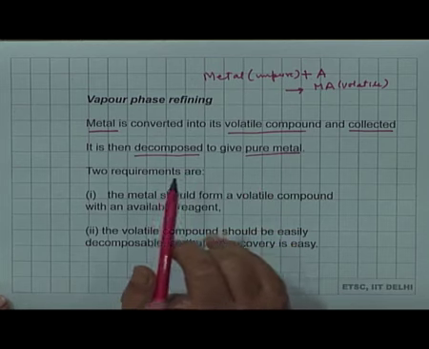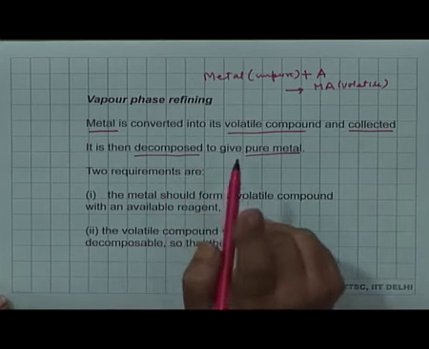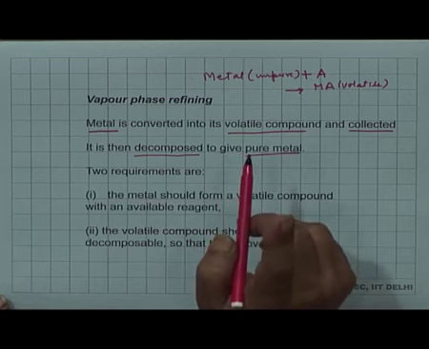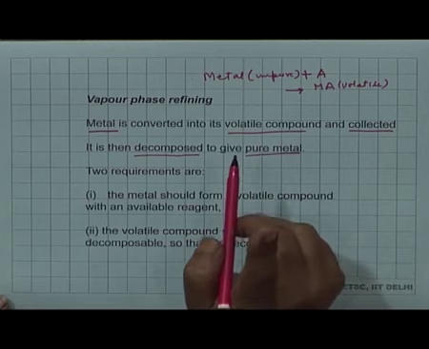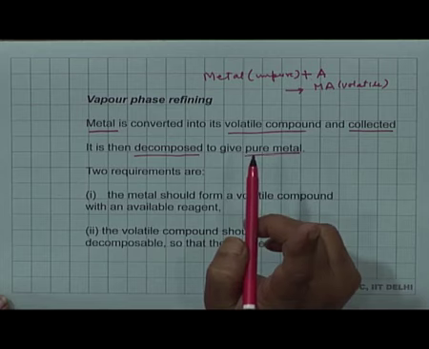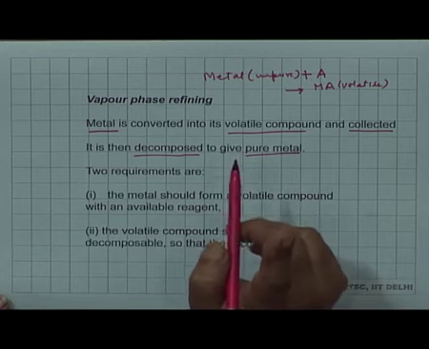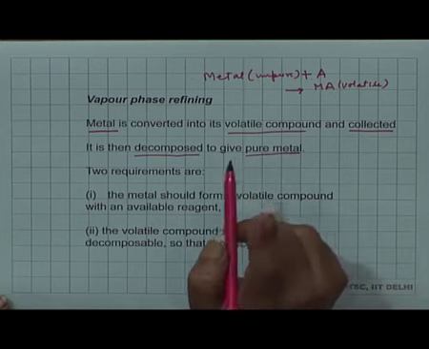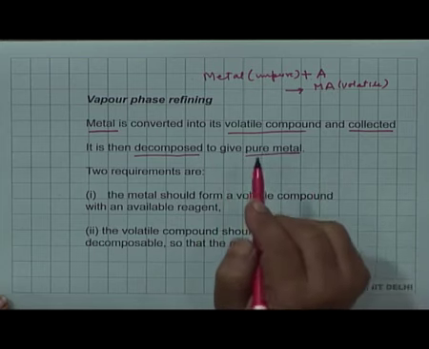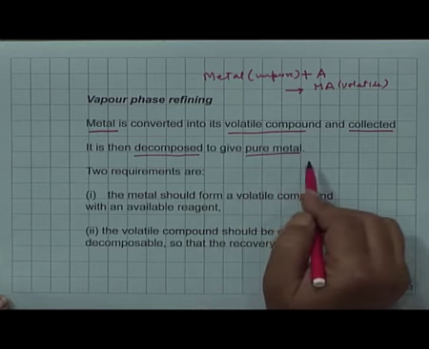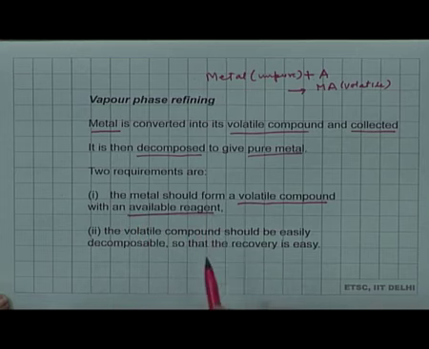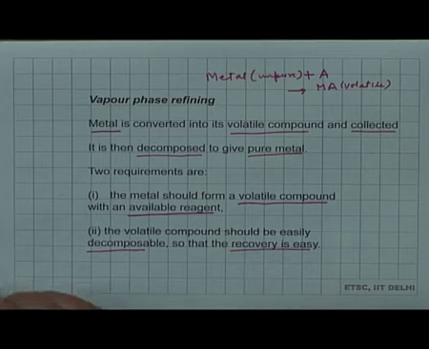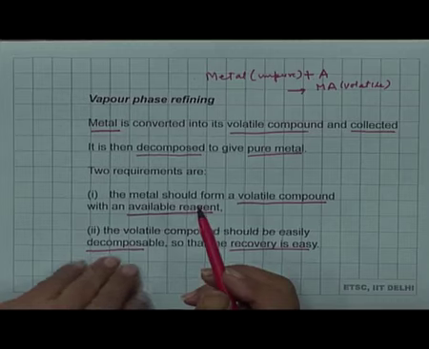For applying vapor phase refining, the two basic requirements are: it should give a volatile compound with an available reagent first, and the volatile compound should be easily decomposable. Otherwise, recovery by this method will not be easy.